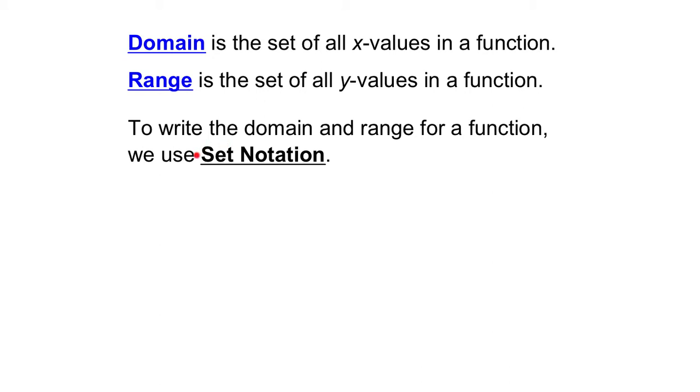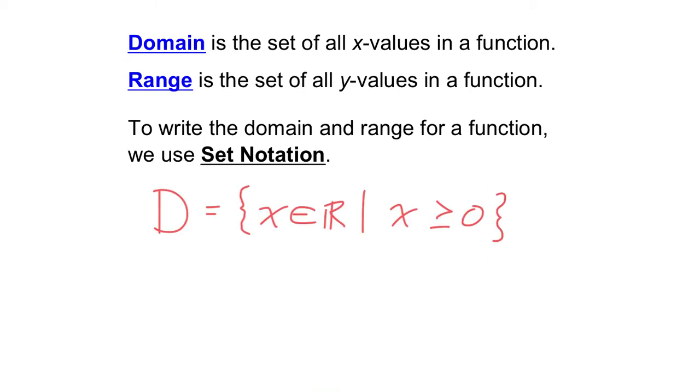And there was a way that we wrote out the domain and range. We used something called set notation. Just as a quick example here, you might remember this notation. Set notation uses the curly brackets or curly braces, depending on who your source is. What's inside the curly brackets is the set of all the numbers that can exist in your domain.